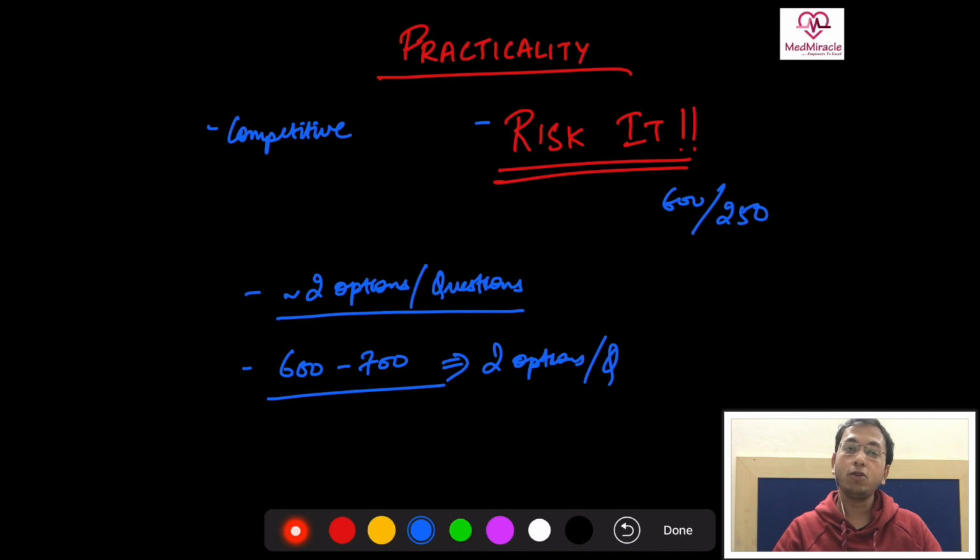It's actually more difficult to rule out options in the PGI exam as compared to the other PG entrances, but still it's a soft pointer which we can use before marking the question.